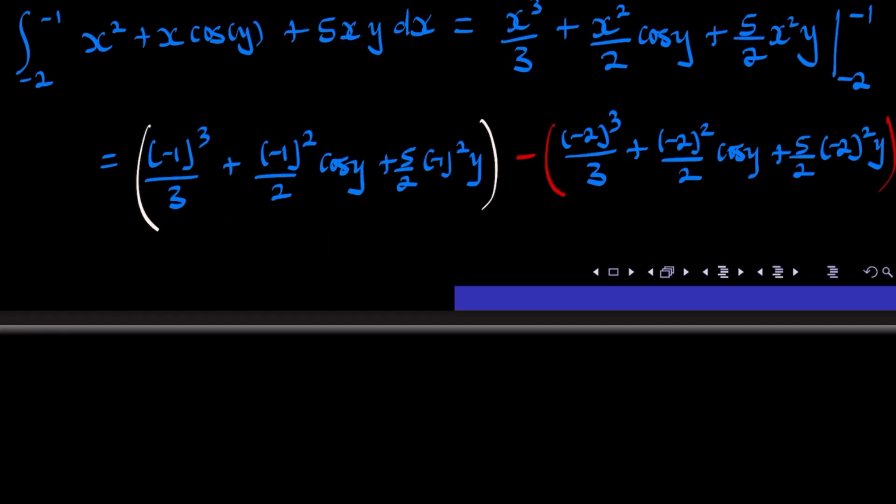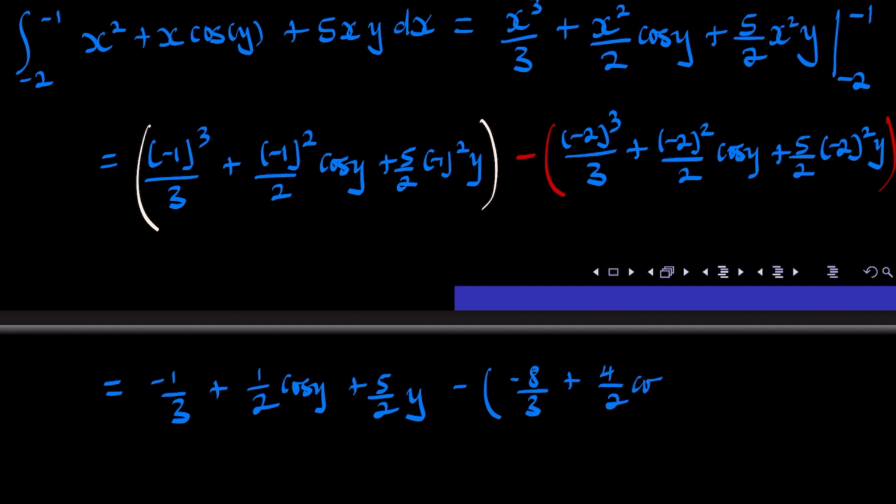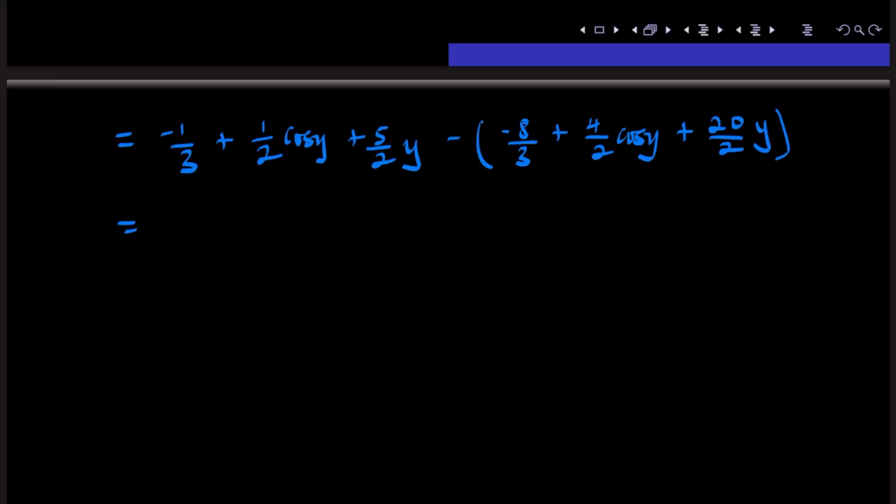So we just have to simplify this guy. So that's going to give us -1 on 3 plus 1/2 cosine of y plus 5 over 2 y, then minus -8 on 3 plus 4 on 2 cosine of y plus 20 on 2 y. We expand the left hand side and simplify further.